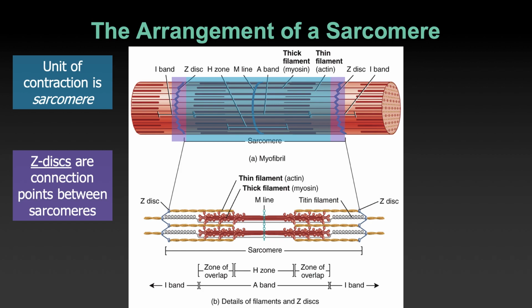And then off to either side are the beginning and the end of the next sarcomere. And there would be another one after that, and after that, and after that, the entire length of the muscle. So sarcomeres repeat the length of the muscle, and these are the units that contract and relax, that compress and expand.